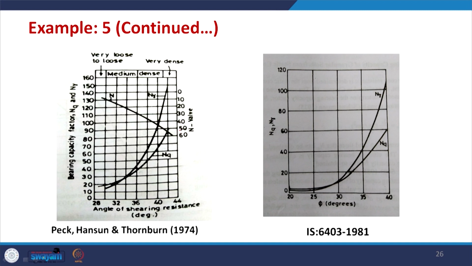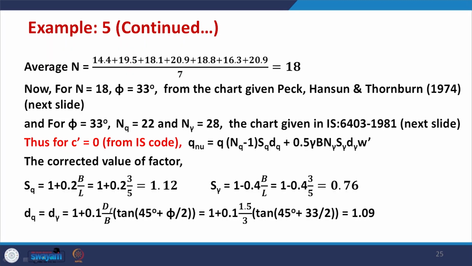N is coming to 18, so corresponding to 18, you get finally the number for the angle of internal friction. This can be done using the IS code also, but here it has been done using this. So, for this N value of 18, phi obtained is 30 degree.